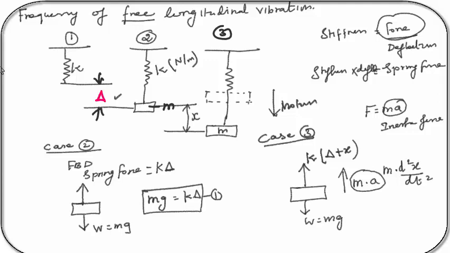So now we are going to apply the equilibrium condition for case 3. We have mentioned all the forces acting in the system, including inertia force. So the net force acting along the vertical direction is equal to 0. Since there are no horizontal forces, we take the net forces acting in the vertical direction equal to 0.